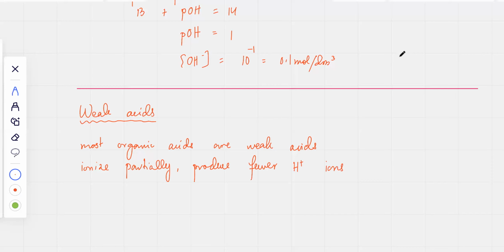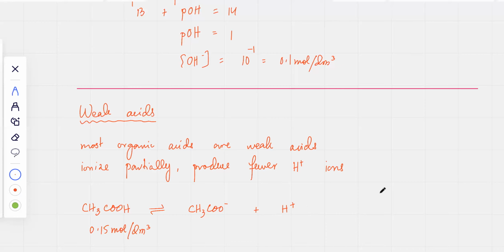Now the biggest issue over here is when you have a weak acid, for example, all organic acids are weak acid. You've got ethanoic acid, right? So ethanoic acid doesn't really like to ionize. So if you have 0.15 mole per dm cube of ethanoic acid, the problem that's going to happen is that the amount of ethanoate ions that are going to be produced, or the amount of H plus ions, that's not going to be 0.15 mole per dm cube.